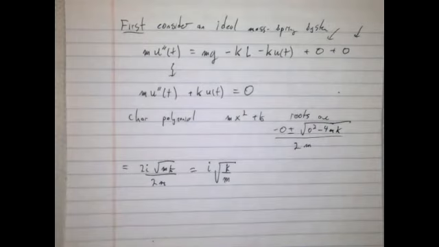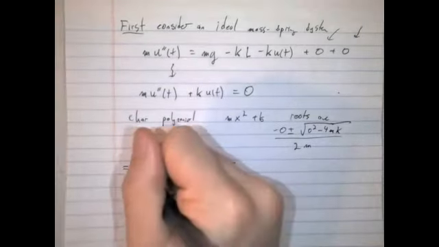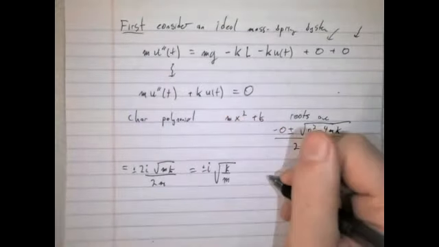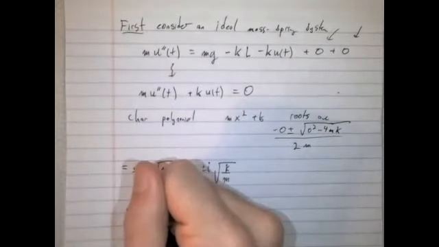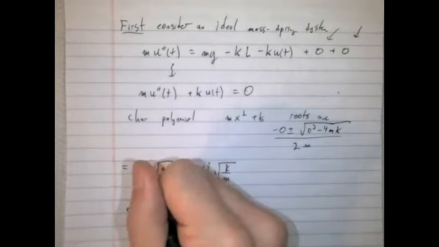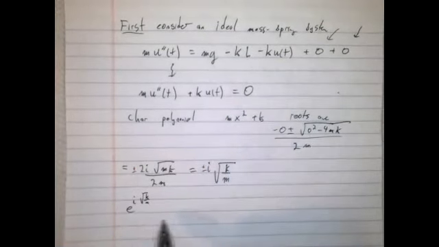Do you still have the plus or minus, or is it because we're only picking one of these anyway? We only need to pick one of these. So you're right. I do have plus or minus here, but then I'm just going to immediately say a solution is e to the i root k over m, and then I'm going to get two real solutions out of this. Right?